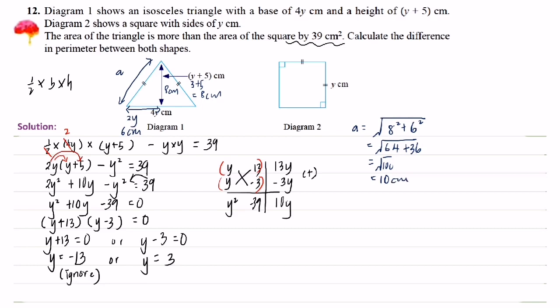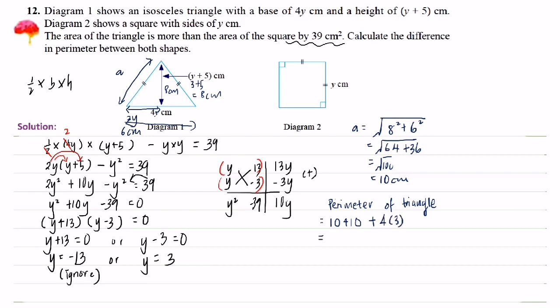Now we can find the perimeter of triangle. Okay, so 10 plus 10 plus, here is 4y, so means 4 times 3.